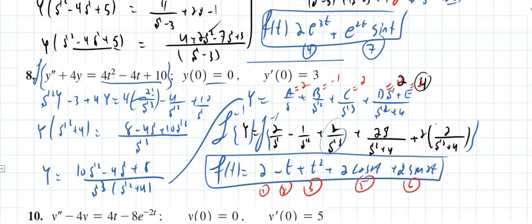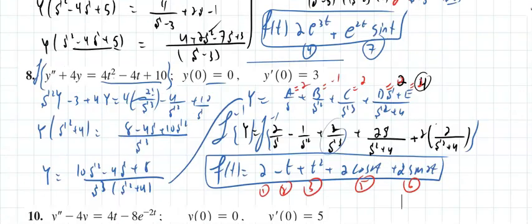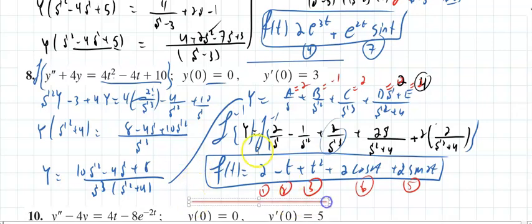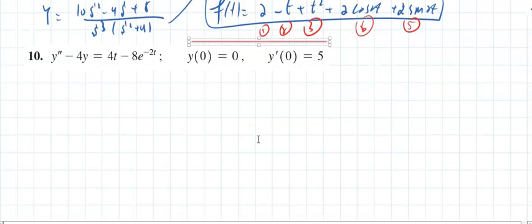Oh, backwards. 5 is the sine, and okay, sure. There we go. And that's how these problems are really done. So we have one more of these types before we go on to the last part of this section.